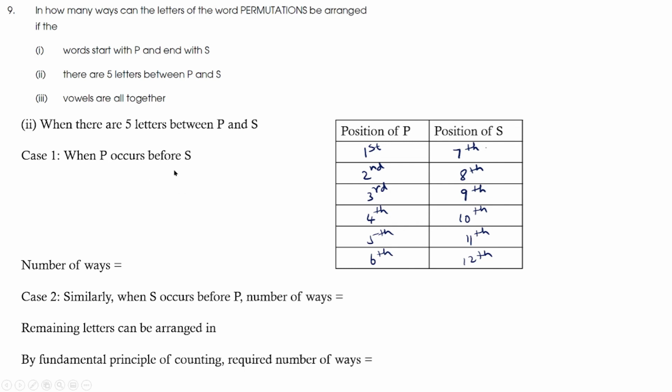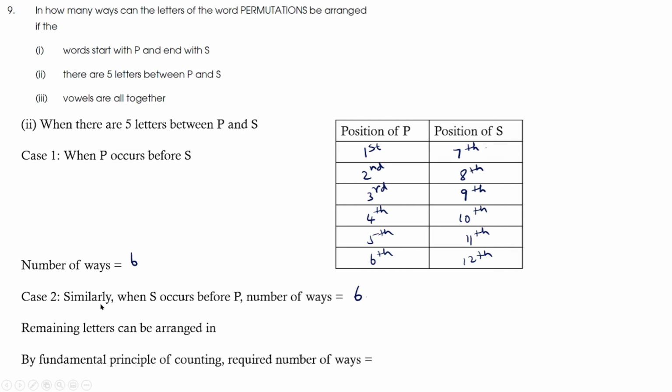So when P occurs before S, this happens in 6 ways. Now similarly, when S occurs before P, it will be the other way around. Position of S will be here, position of P will be here. Again the same rule will follow, so the number of ways is equal to 6.